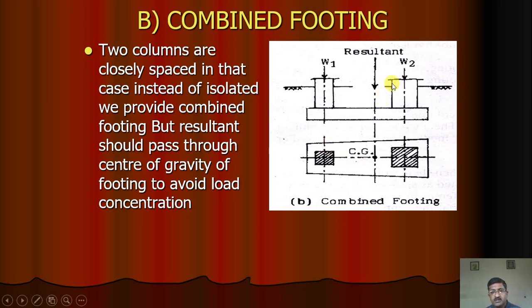Now here, as the load W2 is more, a trapezoid type footing is provided. If W1 and W2 are equal, then this base can be provided as a rectangle. So combined footing may be a trapezoidal combined footing, or a rectangular combined footing.